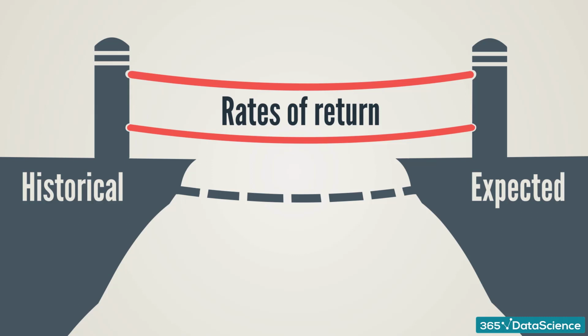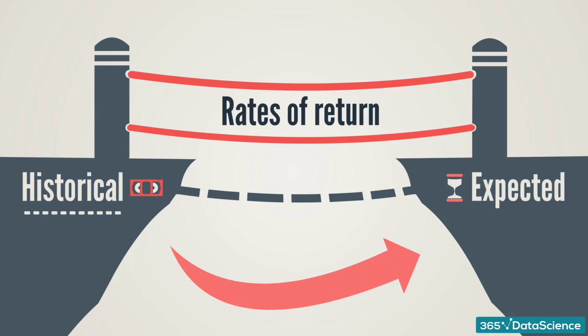We can't predict them, but we can form a reasonable proxy and call that proxy expected rate of return. The best idea we can have about a financial security's expected rate of return is its past behavior. We've observed the security's historical performance, and that information can help us build expectations about the future.